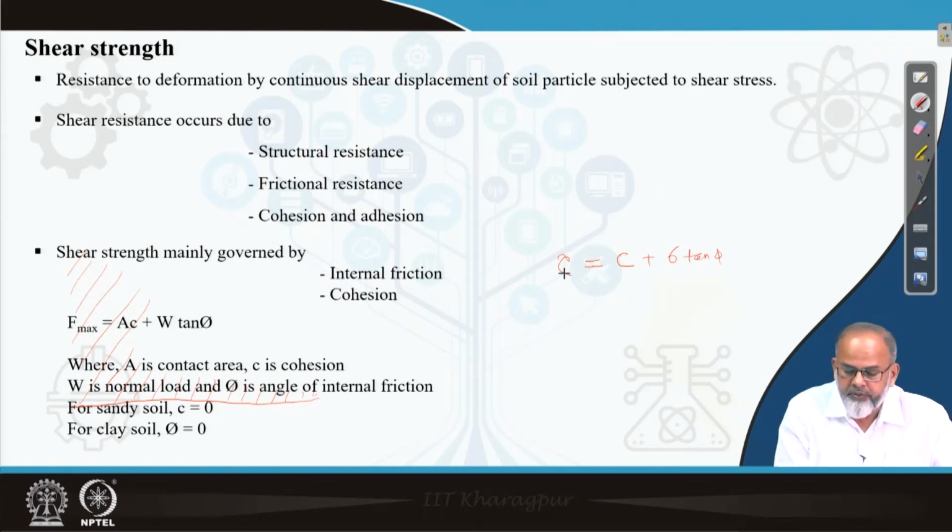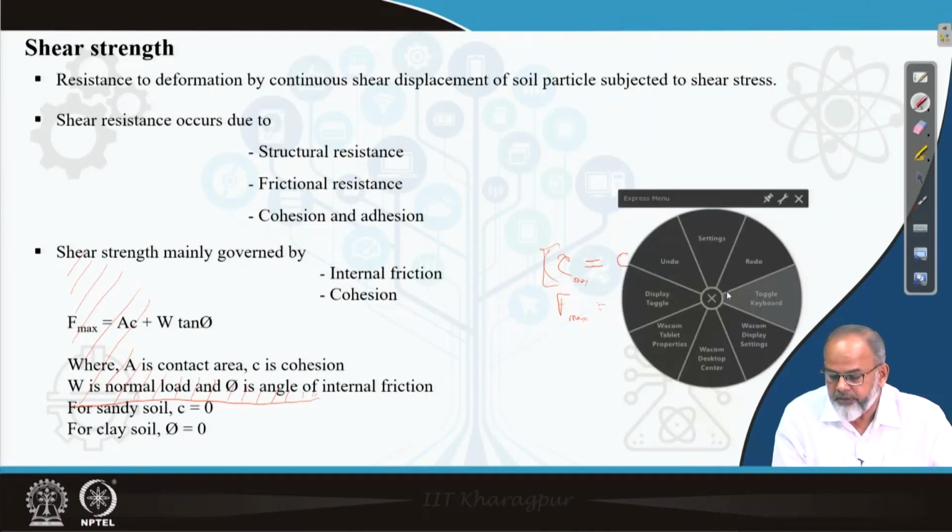If you multiply by the contact area A on both sides, it becomes F, a thrust force. We denote it as maximum thrust. Maximum thrust force will be equal to AC plus W tan phi.